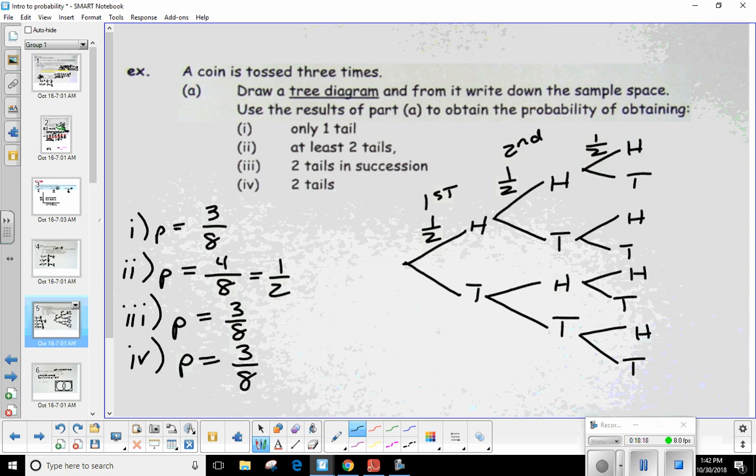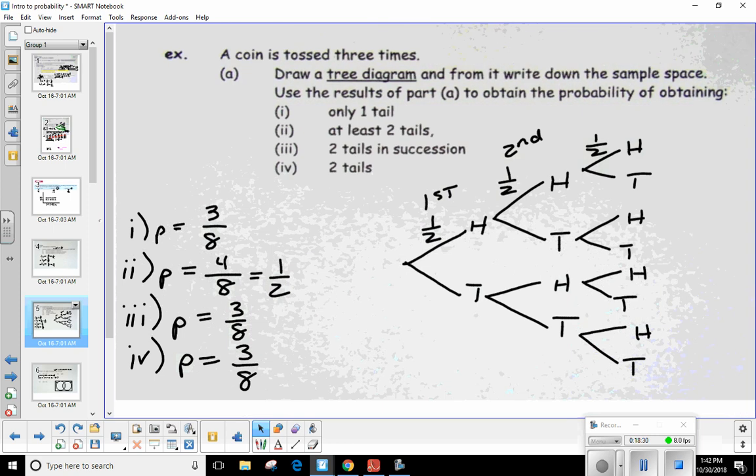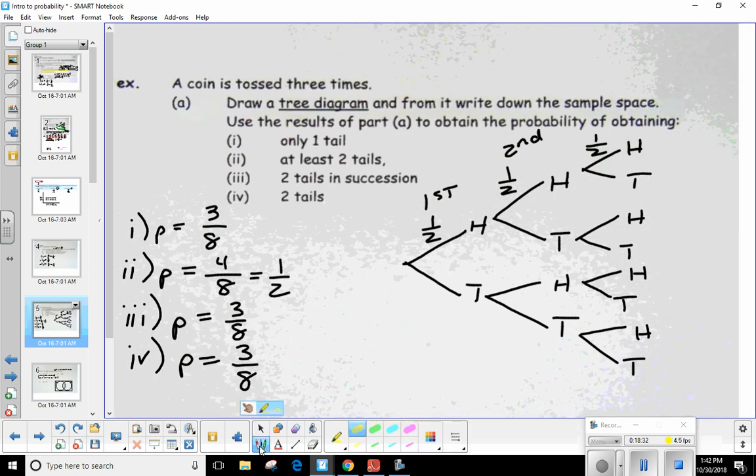Well, what we're going to find is that if you go along the branches, what's the probability of throwing all 3 heads? Well, that would be 1/2 times 1/2 times 1/2, which is 1 out of 8, right? Where's my highlighter? You're going to find that the branches themselves represent the intersections.